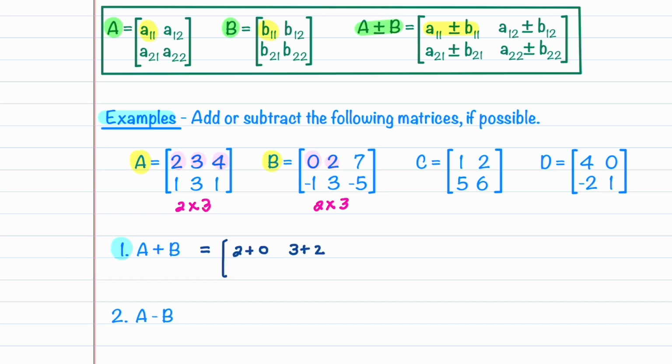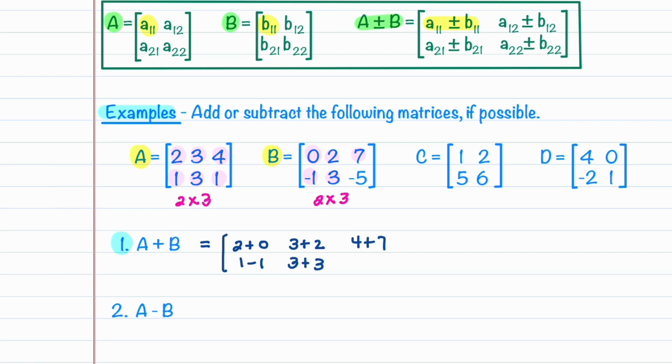And then we're going to add 4 and 7. Now let's look at the second row. In the second row, we're going to add 1 and minus 1. Then we're going to add 3 and 3. And then lastly, we're going to add 1 and minus 5.